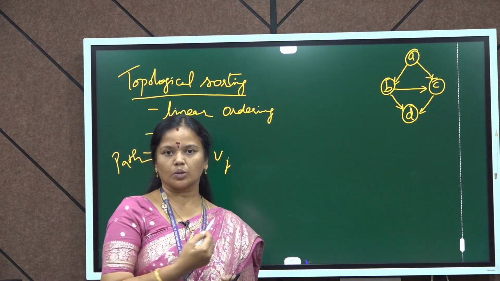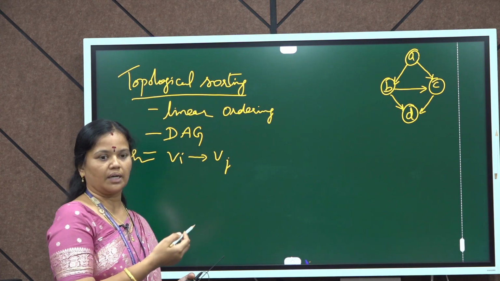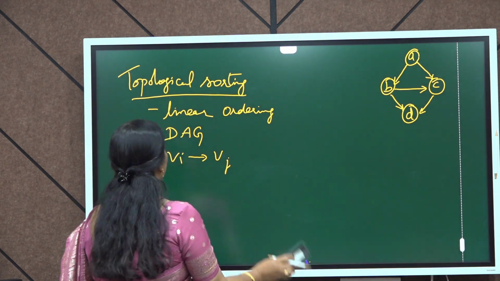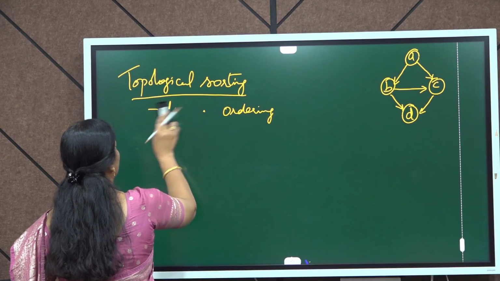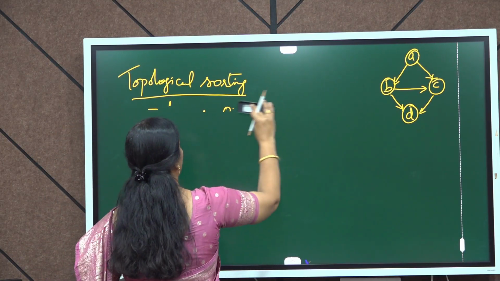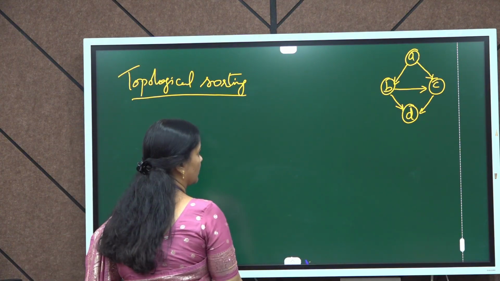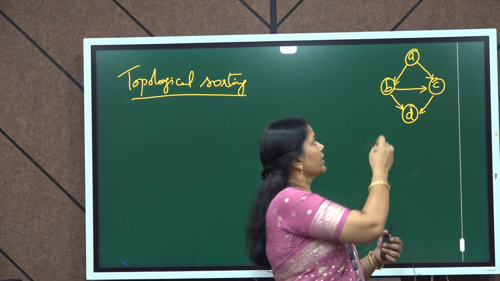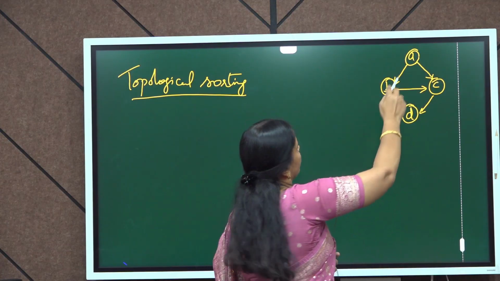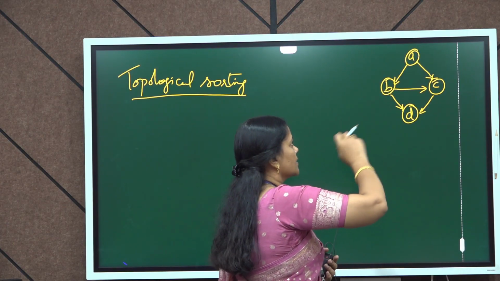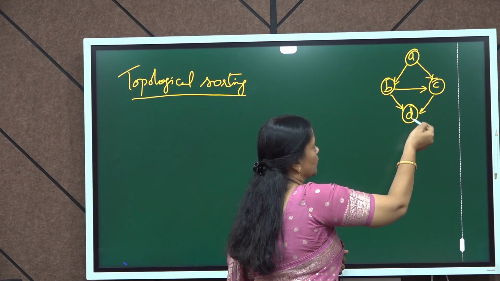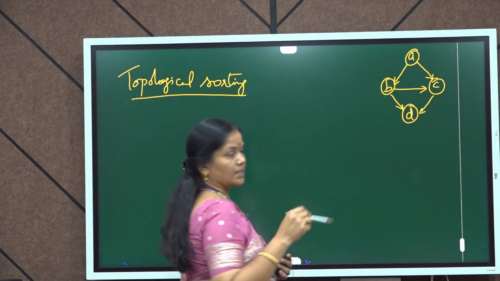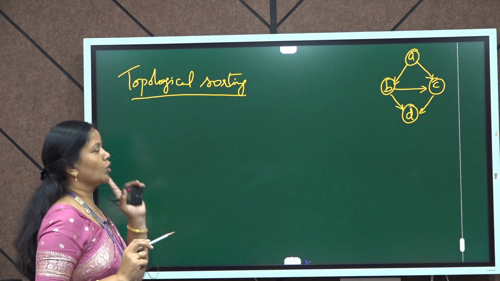So, let us solve topological sorting using an example. Let me take this graph. Here I have a graph with 4 vertices A, B, C and D. There is an edge from A to B, A to C, B to D, C to D and B to C. I am going to solve it using topological sorting.